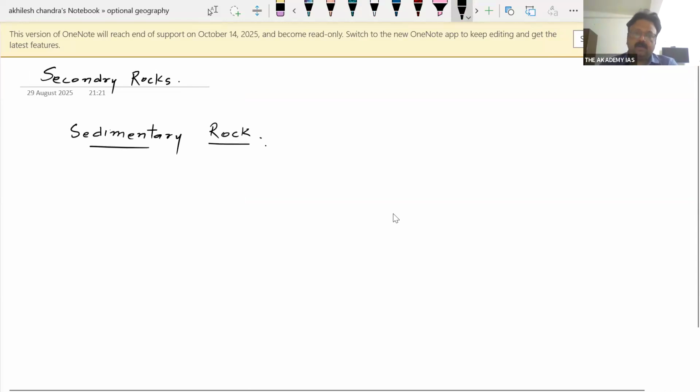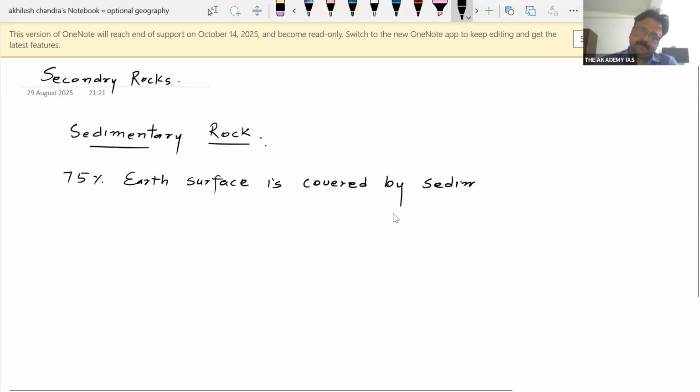So sedimentary rock, 75% of the earth surface is covered by sediment. 75% of the earth surface is covered by sedimentary rock, and 90% of the earth crust is made up of primary rock, igneous rock.